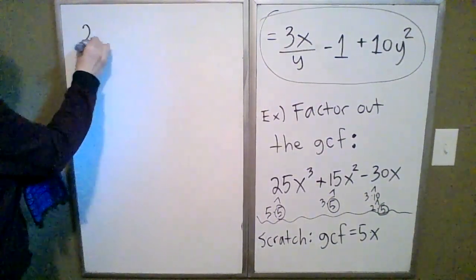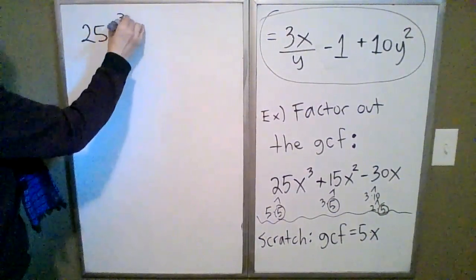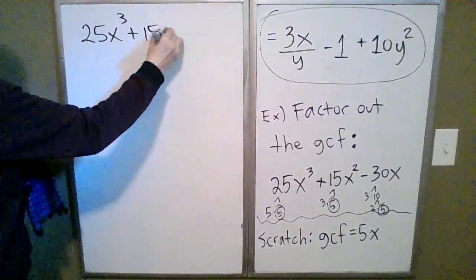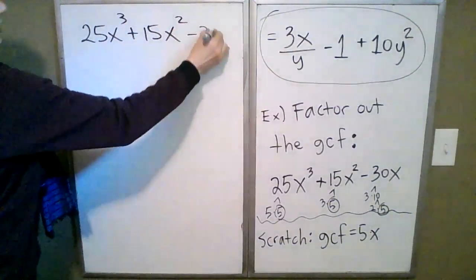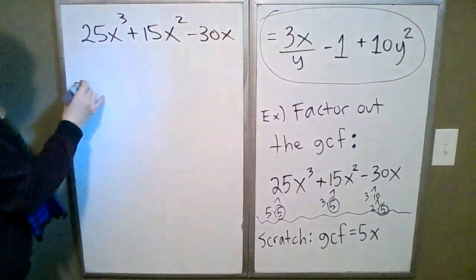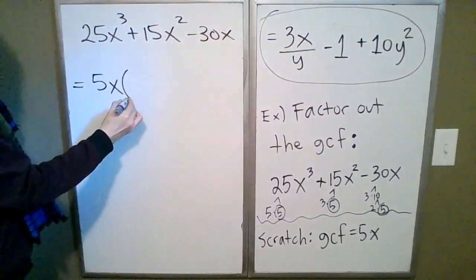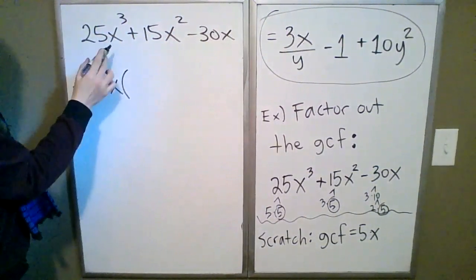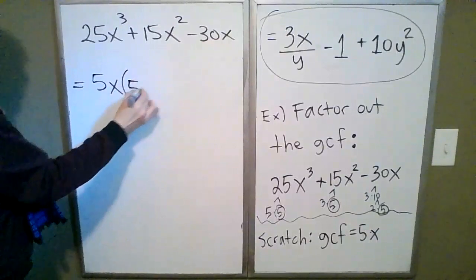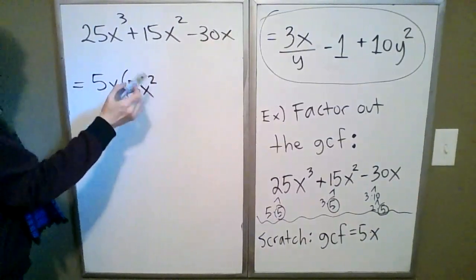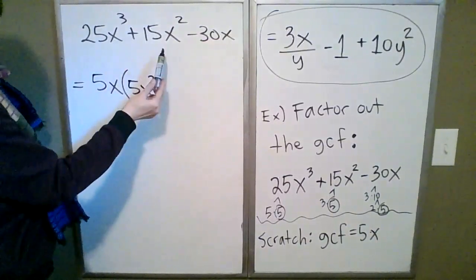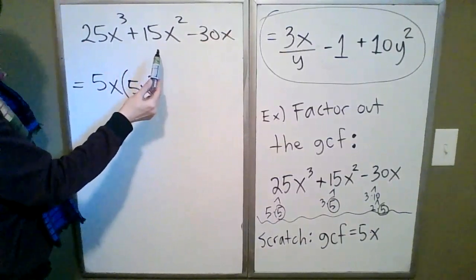We were at the 25x cubed plus 15x squared minus 30x. Factoring out 5x would leave a 5x squared. And then from here, factor out the 5, it would leave 3.